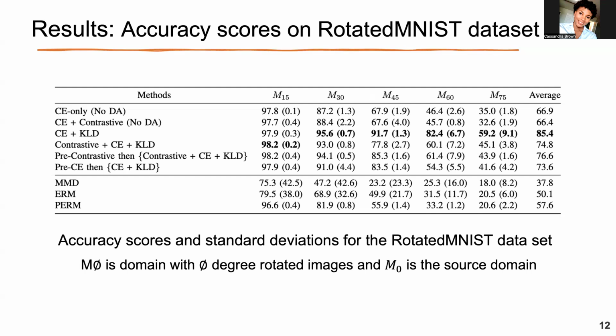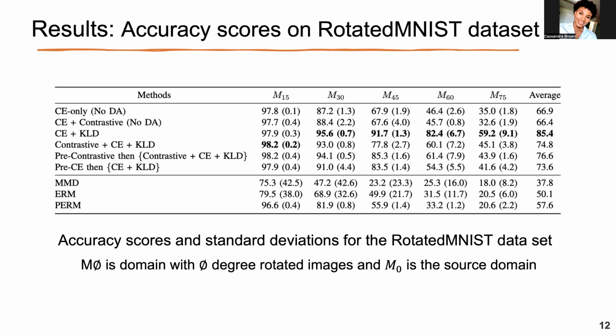Even though the CE and KLD basic pipeline shows better results on this data set, we assume that this is mainly because this is our easy data set, and for this, contrastive-based methods are not that suboptimal, but we have seen on the real world data set, which is the Office data set, it is better.